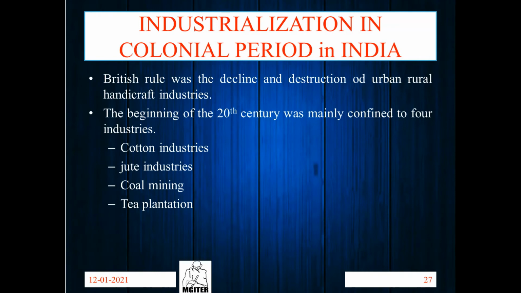Why? Because at the beginning of the 20th century there were only four industries working in India: cotton industry, jute industry, coal mining and tea plantation. And all four were run by the Britishers. So by these four industries, our Indian handicraft industry, which worked in rural and urban areas, was destroyed and declined.